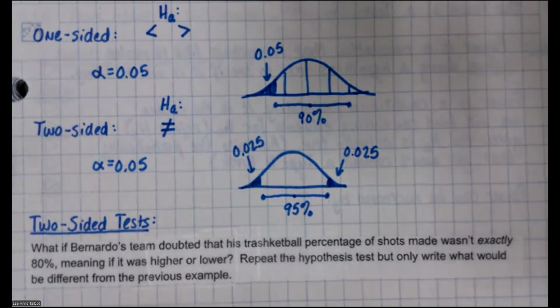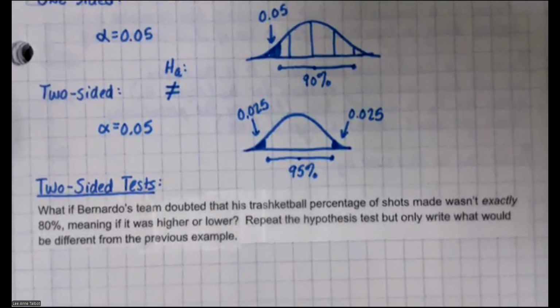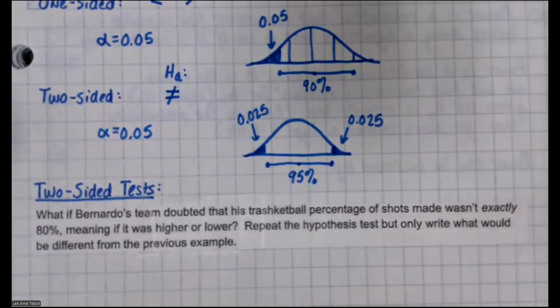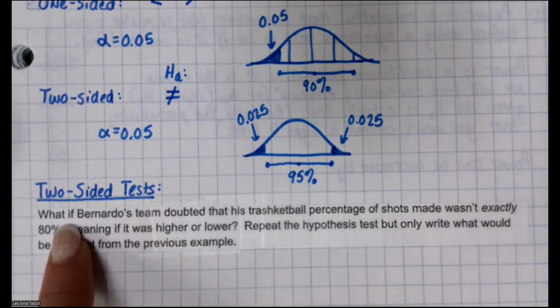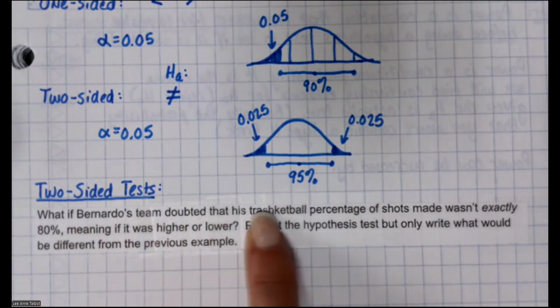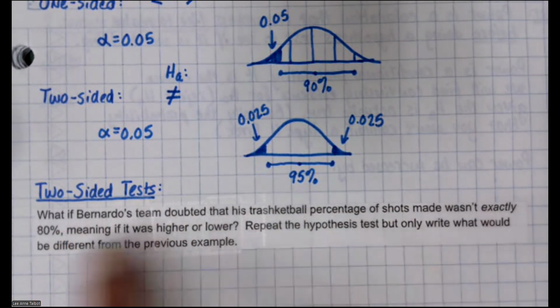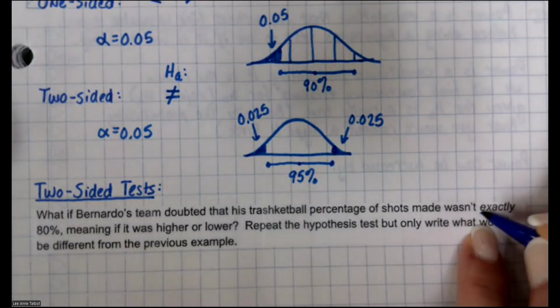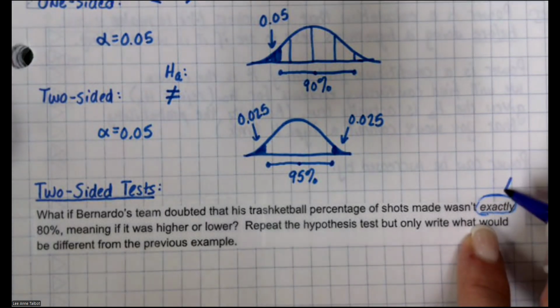Okay, so we're going to do this problem again, but not really, because we don't need to do all of it. The only thing that changes, okay, so let's see. What if Bernardo's team doubted that his free throw percentage of shots wasn't exactly 80? We already know it's probably not, but exactly.